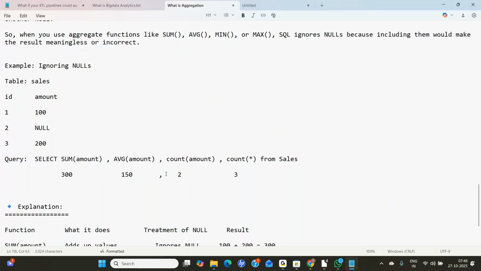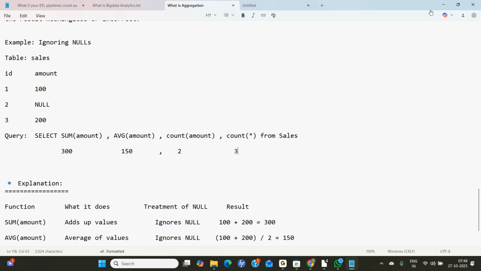This is also one of the interview questions, guys. That's what I'm especially pointing out. Why? Because we are not just learning Azure Databricks, PySpark and Azure Data Factory.